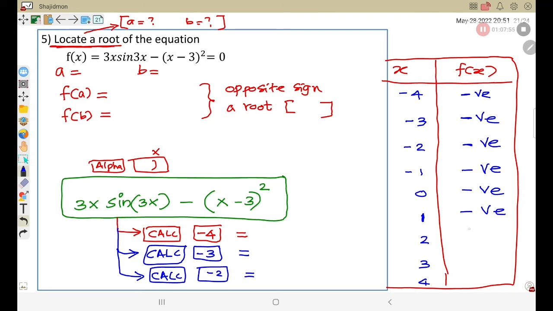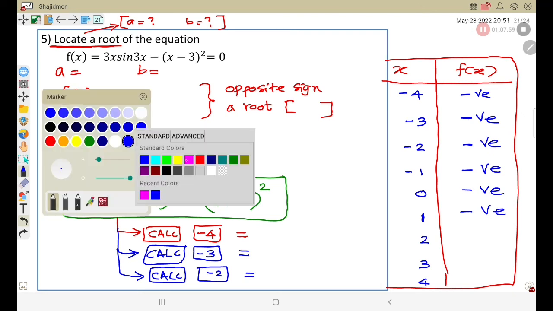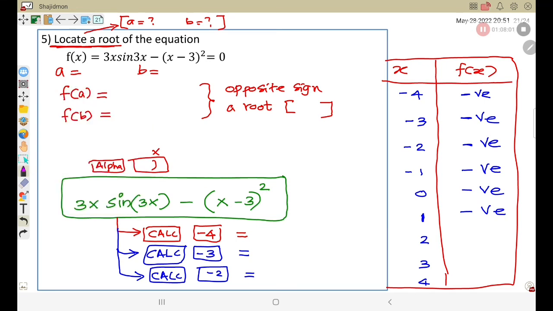Now calc 2, what is the sign? Negative, correct? Calc 3, what sign are you getting? Positive. See, here we are getting opposite signs, one negative and one positive. What are the numbers? 2 and 3.